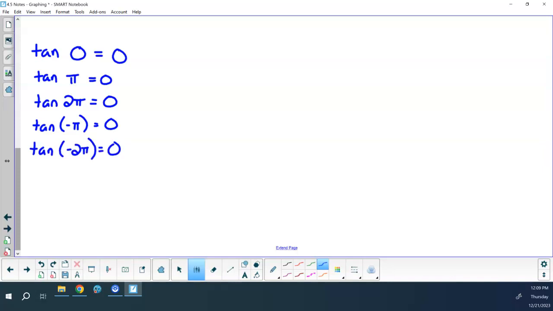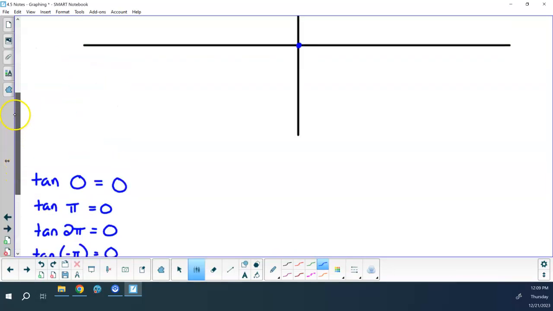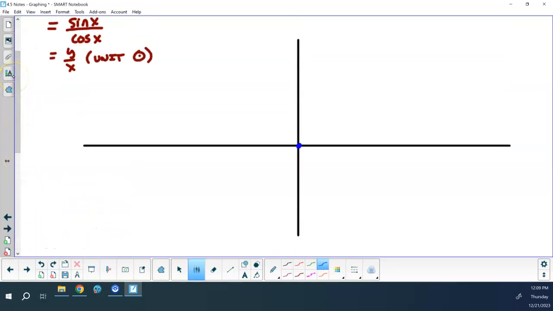So all of those have tangent values of 0. So let's plot those points then on there. So here would be 2 pi, here would be pi, here would be negative 2 pi, there would be, excuse me, negative pi.